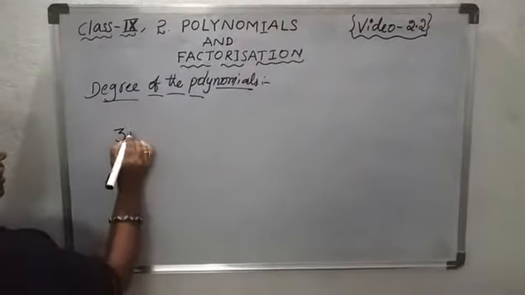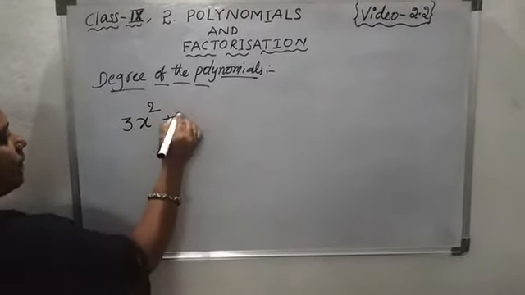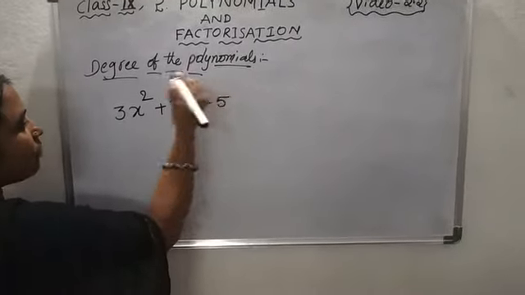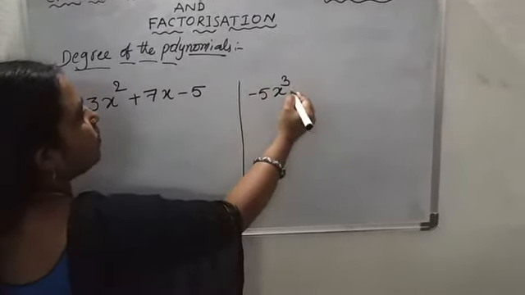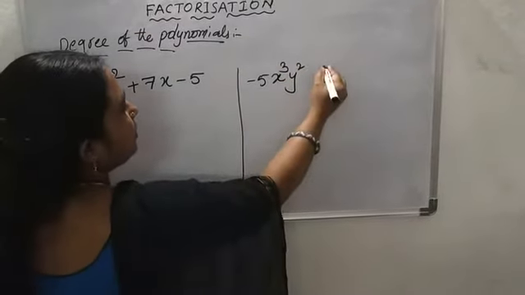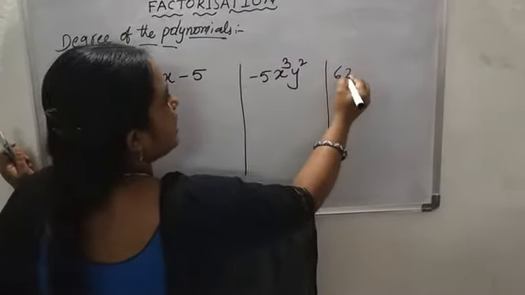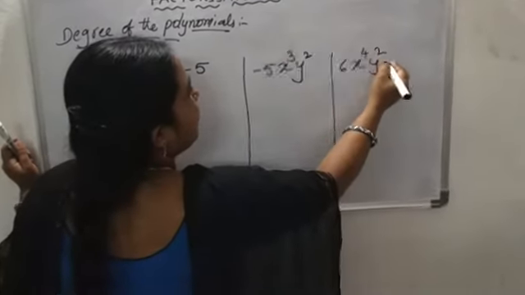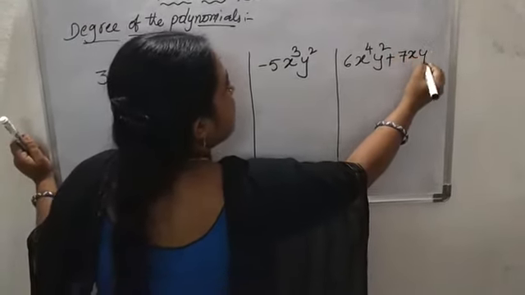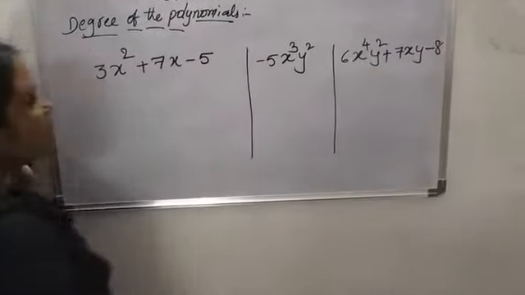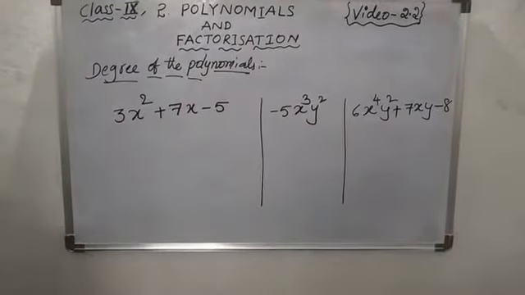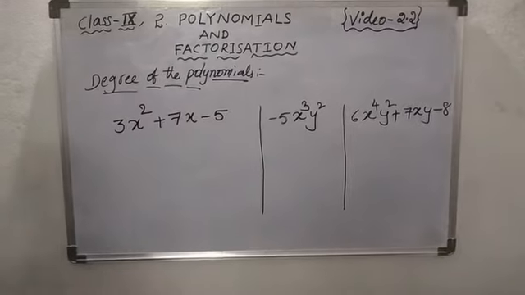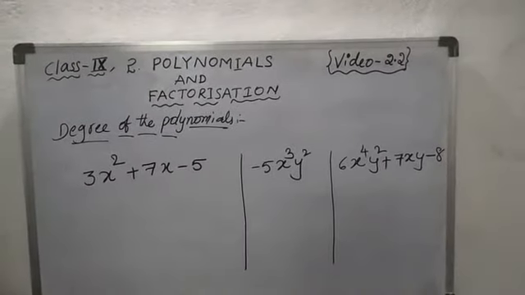For example, I would like to write 3x square plus 7x minus 5, and minus 5 x cube y square, and 6 x to the power of 4 y square plus 7xy minus 8. So here I wrote different types of algebraic expressions. Now we have to find the degree of the given algebraic expressions or polynomials.